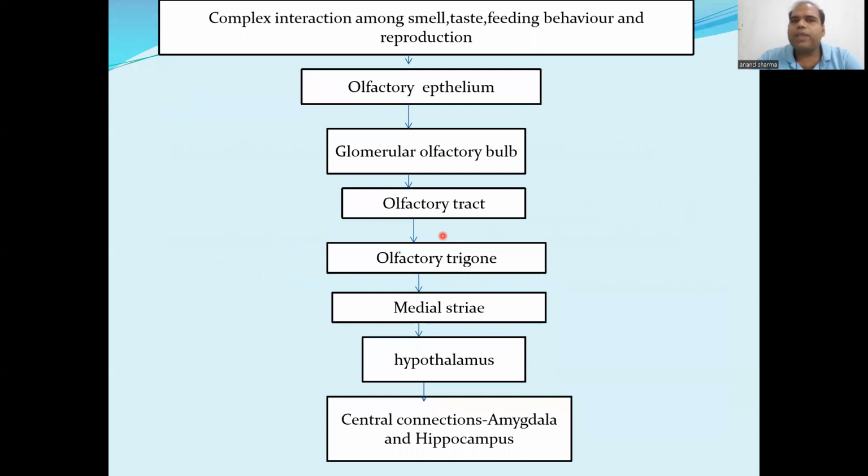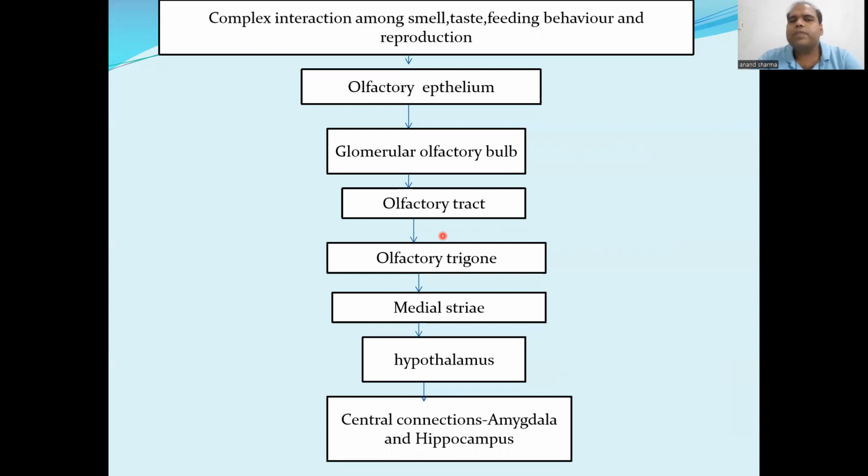This is the pathway by which the epithelium mediates the sensation of smell from the air to the brain. The smell, or the chemical causing the smell, gets dissolved in the mucus. This causes sensory change in the olfactory epithelium, which is a modified neuroepithelium.